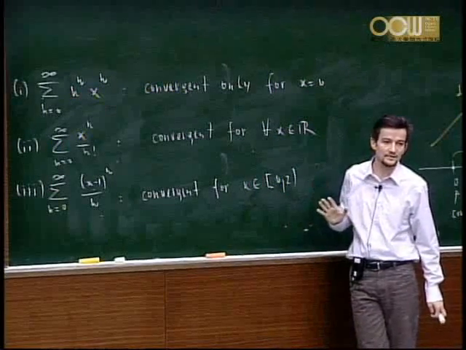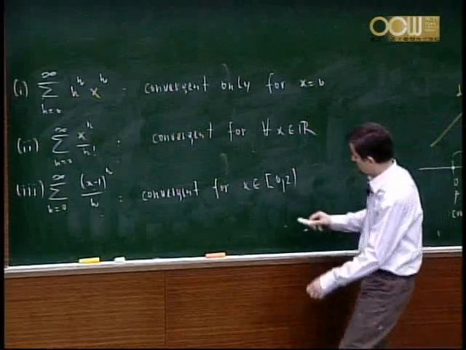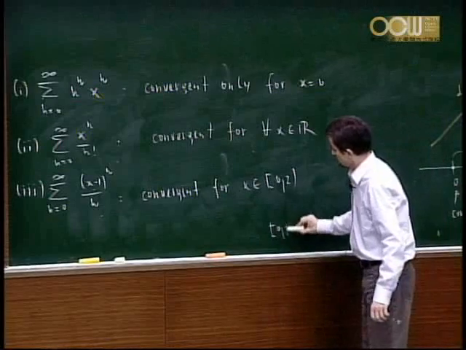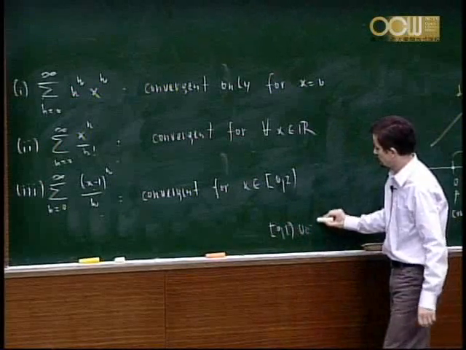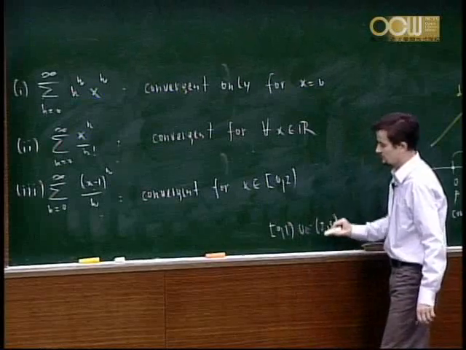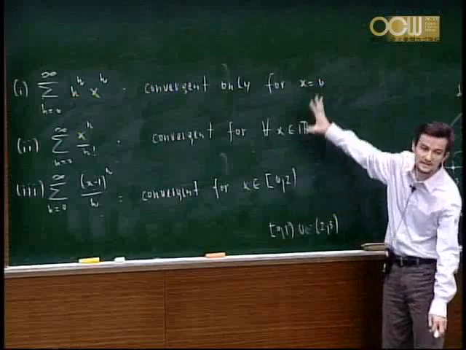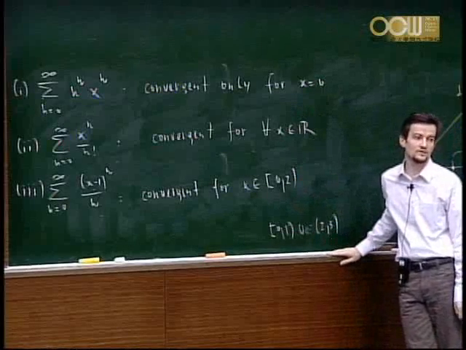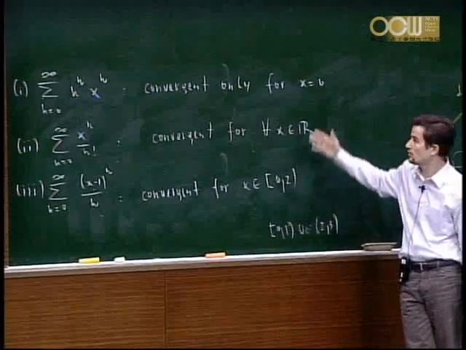Nothing else can happen. It cannot happen that a power series, for instance, is convergent on this interval joined with, for instance, this interval. This cannot happen. So the 3 cases you see here are already a classification of the convergence behavior of a power series. They tell you already what is possible.